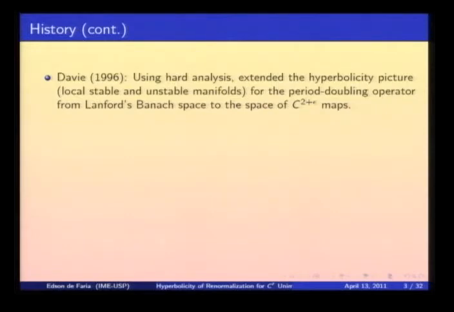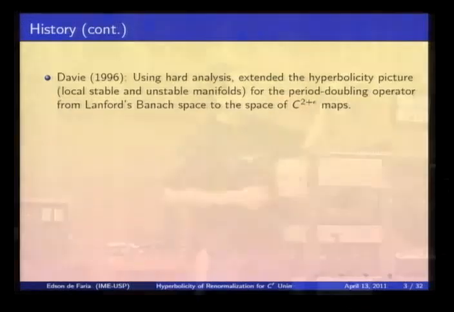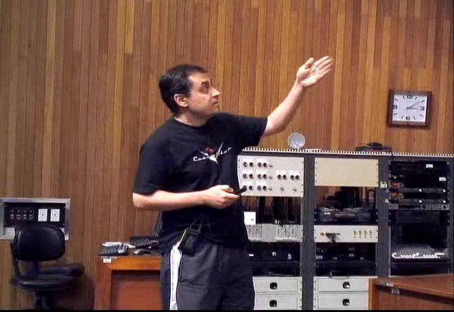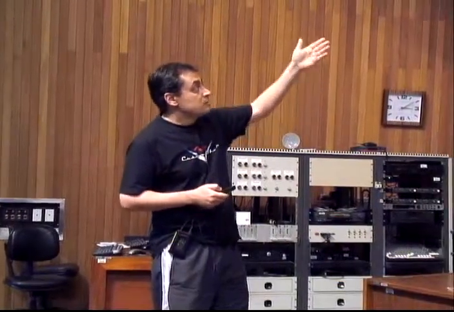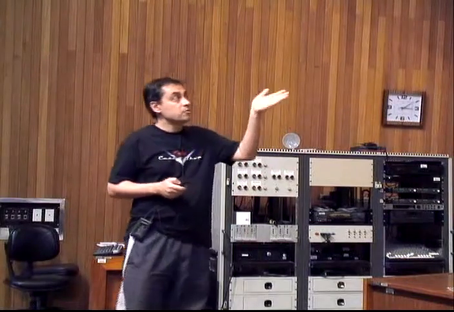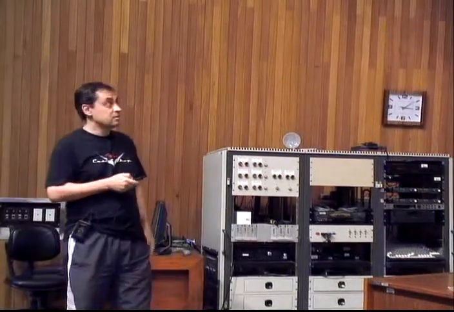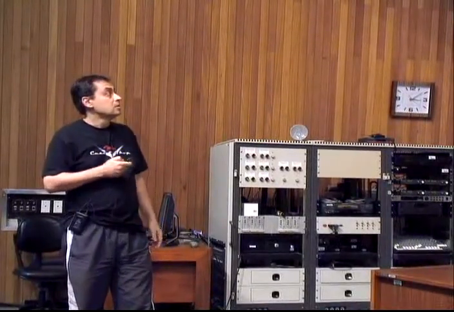And here ε can be any positive number. And I'll come back to that later, but the fact that he gets this hyperbolicity in C^{2+ε} for every ε has to do with the fact that he knows that the fixed point of the period doubling operator is a convex function.